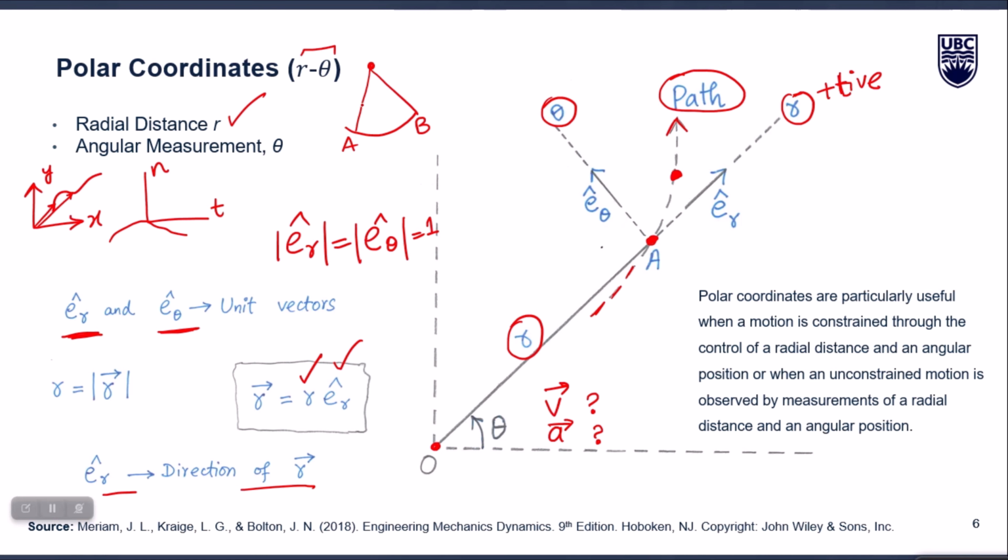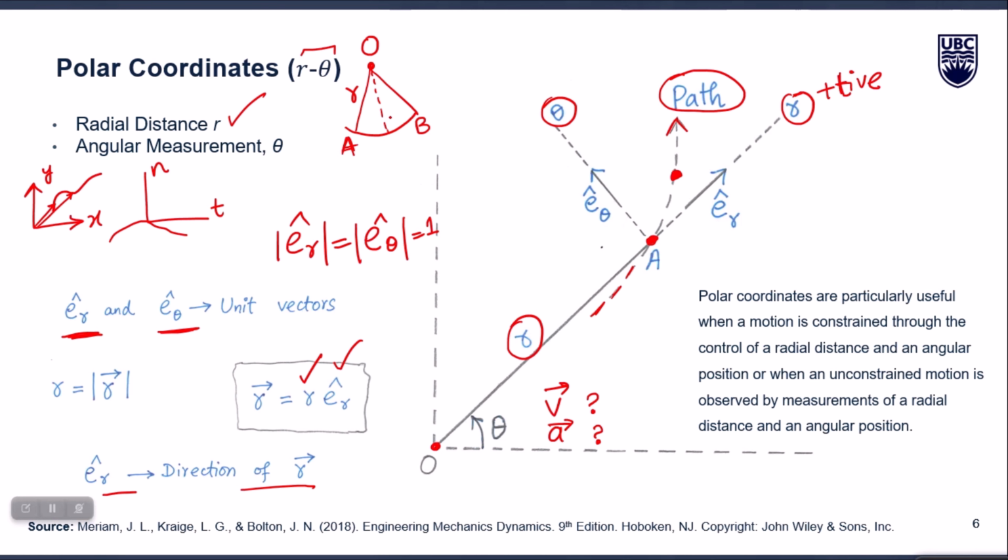So for example, from some origin O to the distance A, and the same distance from O to B also, and similarly if the distance remains the same from O to some intermediate point also, it is now a constrained motion in which the path is defined such that we control this r, we keep it constant, and then we let the particle move in a curved path such that it remains at the same distance from a fixed origin.